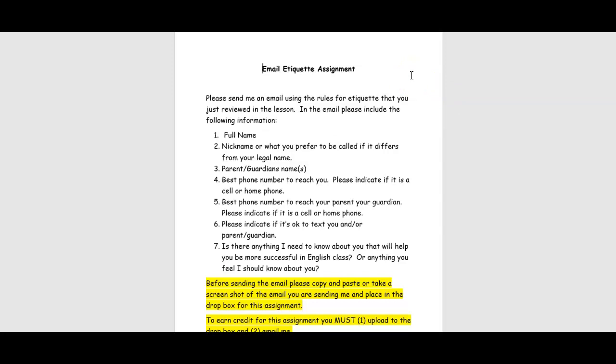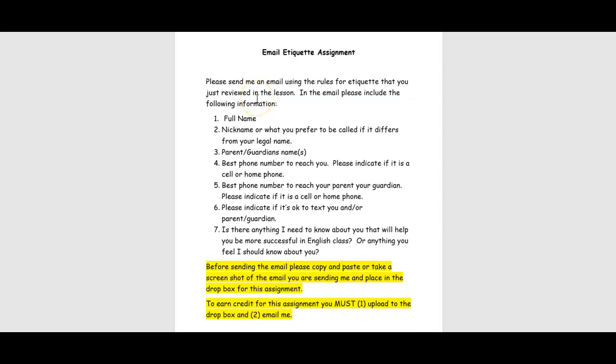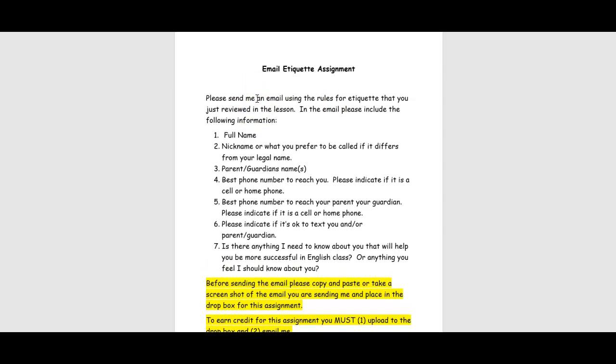Number one is that you are basically going to type out an email to me. So you're going to start an email and add all of this information to that email. You're going to include your full name, your nickname or what you like to be called, your parent or guardians, whoever you're living with or whoever's responsible for you, the best phone number to reach you and to indicate if it's a cell phone or a home phone, the best number to reach whoever you're living with, your guardian or whoever that may be.